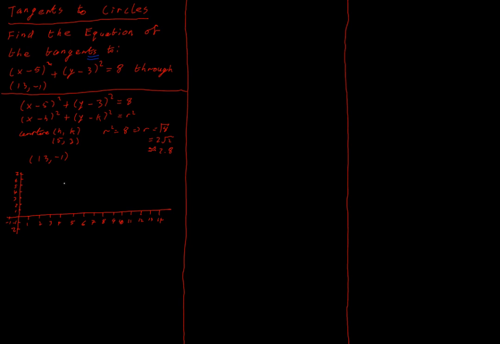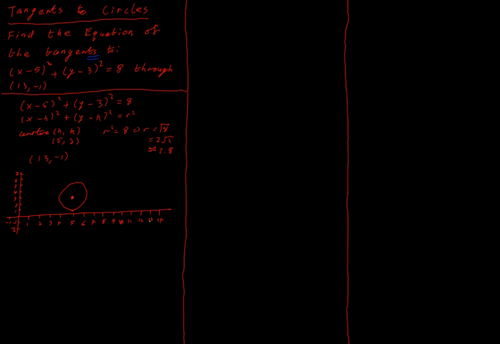So I know that my center is at 5, 3. Approximately there is my center. And I know that my radius is 2.8, so it's going to be just above the x-axis. So I draw in a very rough circle somewhere around like that. And I know that my point that I'm dealing with is 13, minus 1.